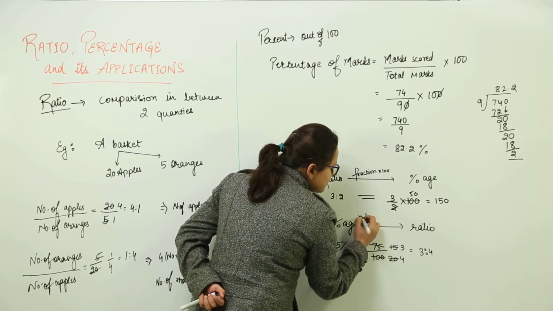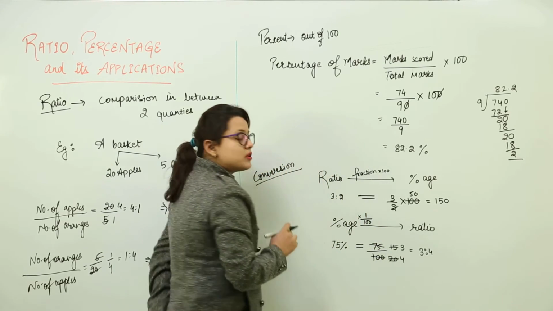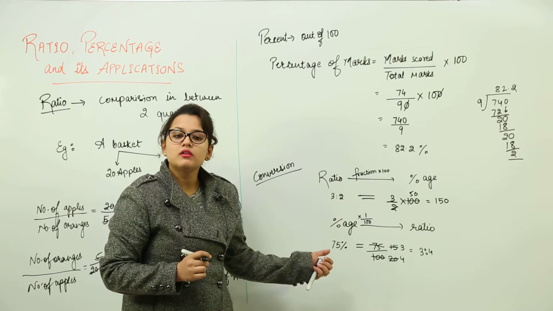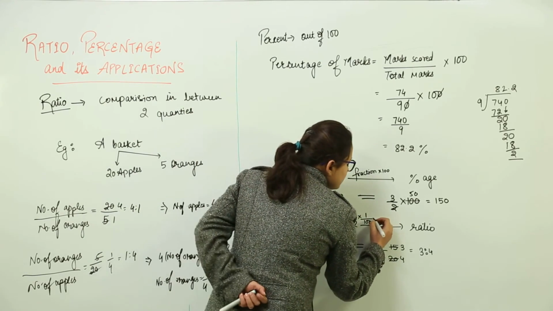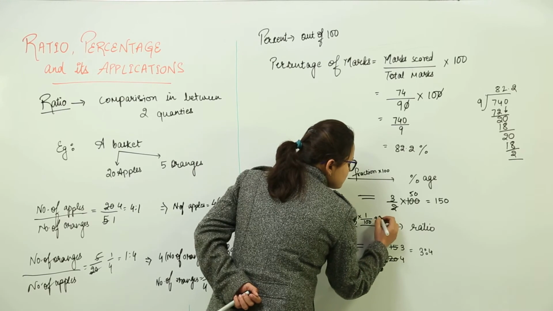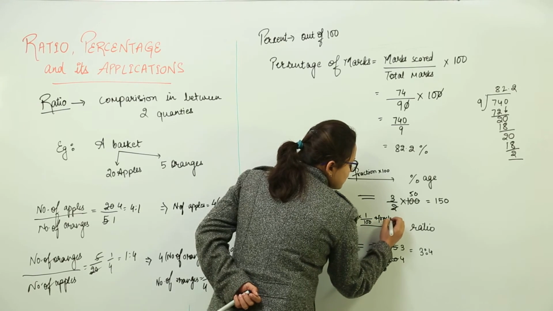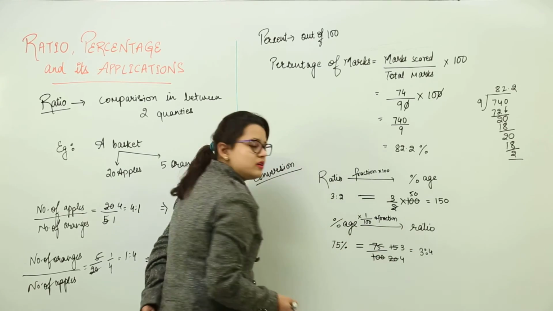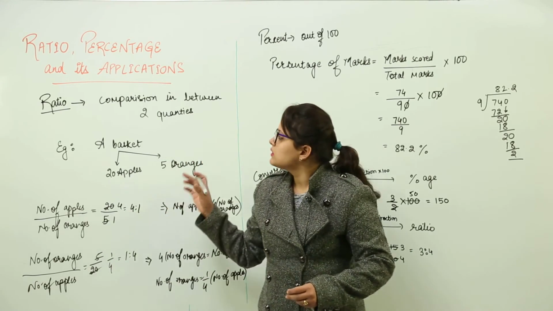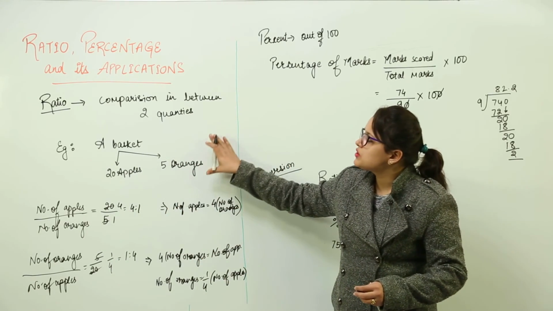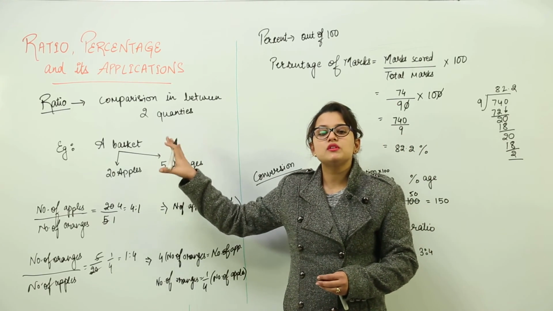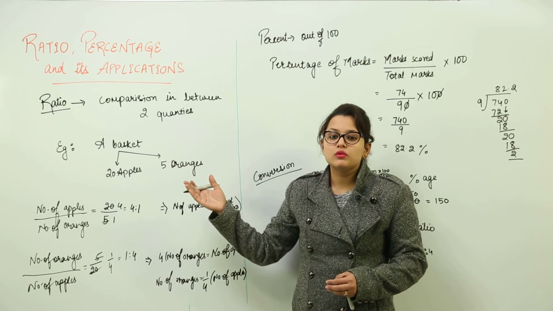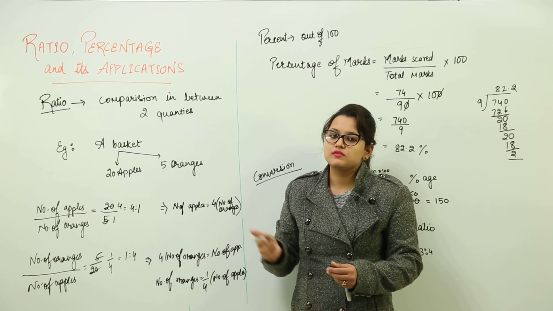I am going to write it as into 1 by 100, because if you multiply it with 1 by 100, 100 would come in the denominator only, right? And you write it in the fraction form. You have already got your fraction, and you can finally write it in the ratio form. So this is how you actually find the ratios and percentages. You can be given the question in ratio form, you might have to convert it into percentage, or vice versa, right?